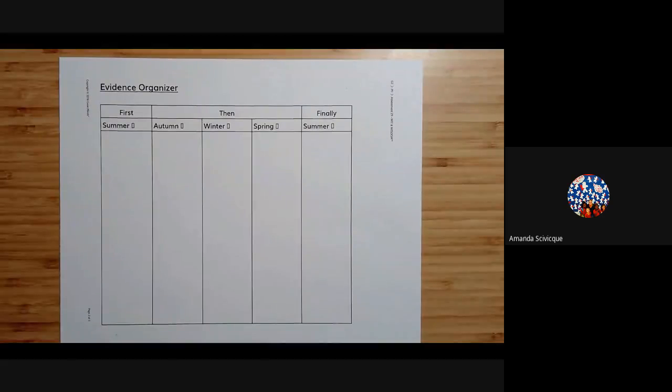As we use the evidence organizer to gather our information for our informative paragraph, it's very important to keep the focusing question in mind. So I place that at the top of my organizer. And that's a strategy that you can use too. Jot down the question at the top, and it keeps you focused on what you're gathering. The focusing question is, how does Skytree show the cycle of seasons?